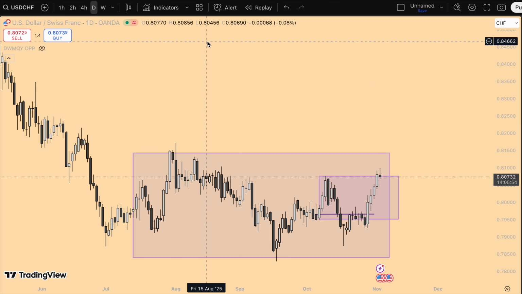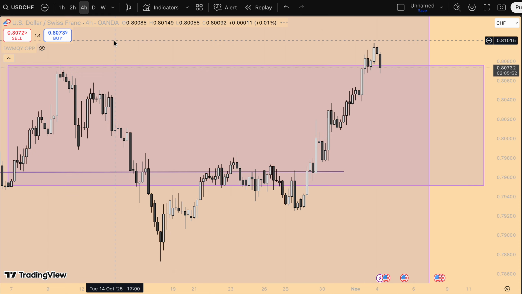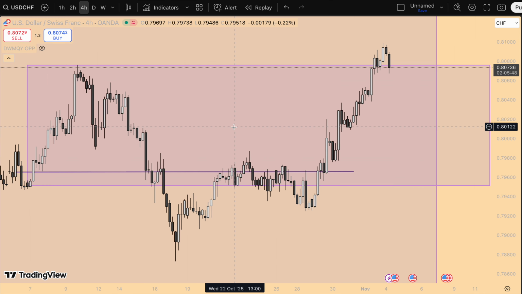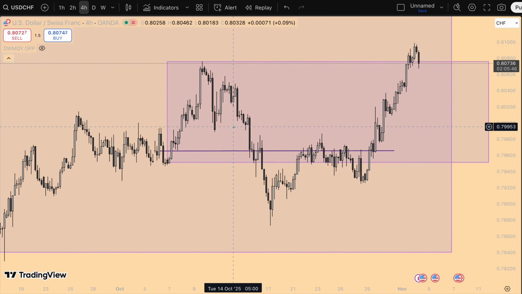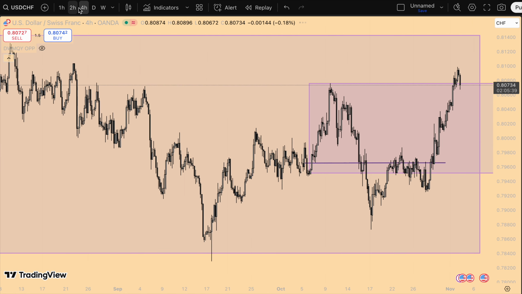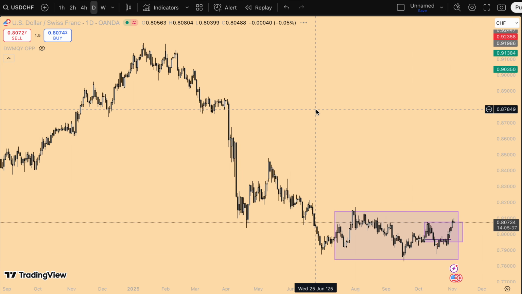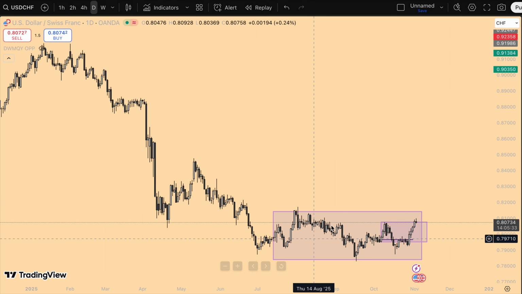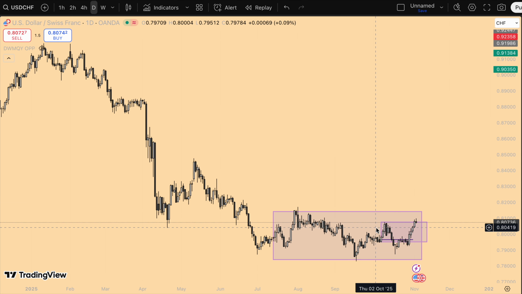Let's see if we get some bearish momentum coming into the market. But for now, I would rather stay out of this pair. It's not clear at the moment, because yes, it's a bearish market, but you can see, guys, it's been slowing down. So I'll just stay clear.